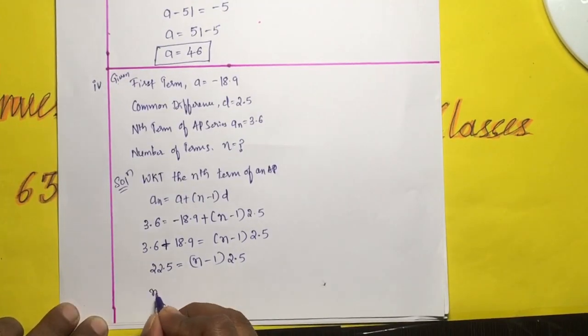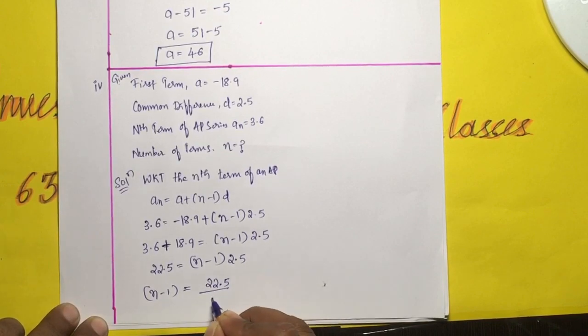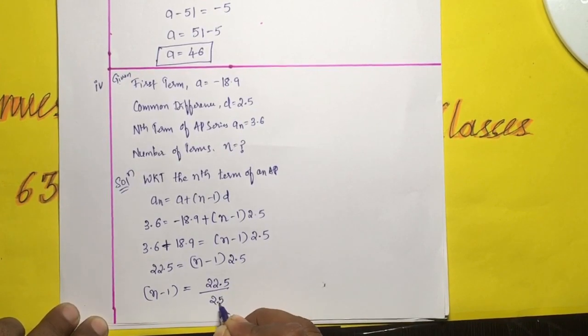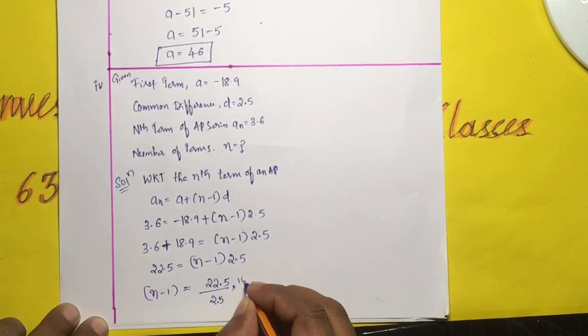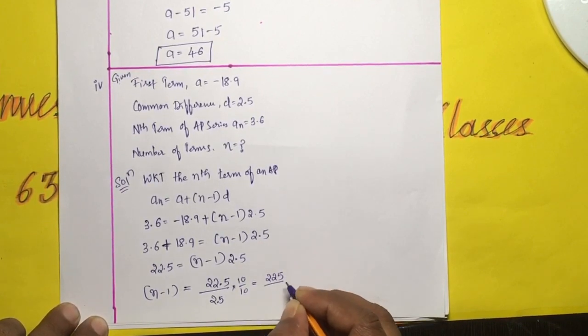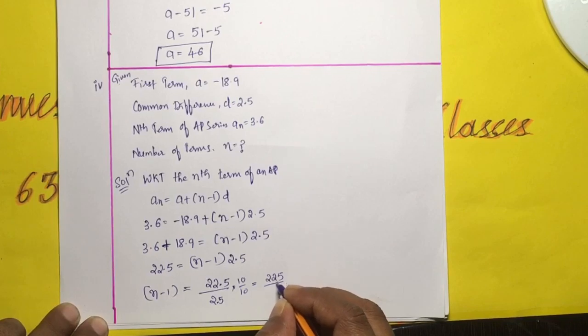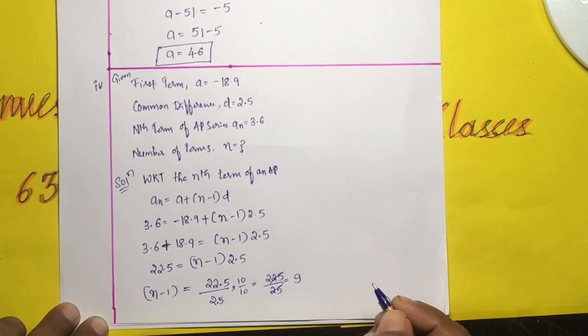So I can write n minus 1 is equal to 22.5 divided by 2.5. I multiply both sides by 10, so this becomes 225 divided by 25, which is equal to 9.